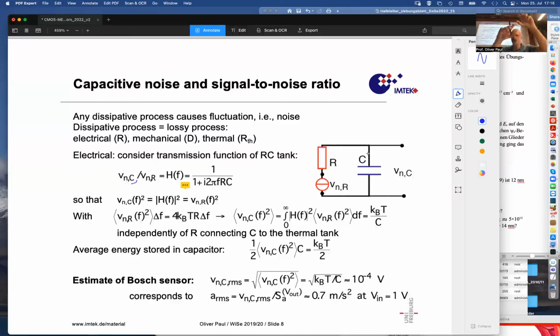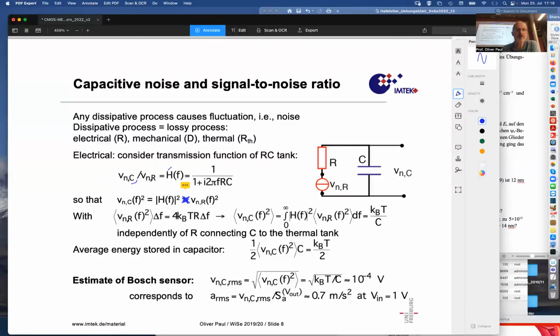And then we would like to know only the voltage over the capacitance. That's a voltage divider, and that has a transfer function given by 1 over 1 plus what is written here, 1 over 2 pi f RC. RC is the time constant of this RC circuit. And then the absolute value of the noise voltage is equal to, and here is an error, that should be a multiplication sign, or it should just be absolute.